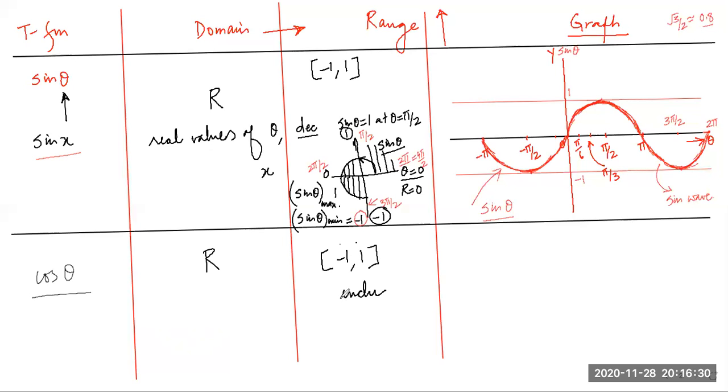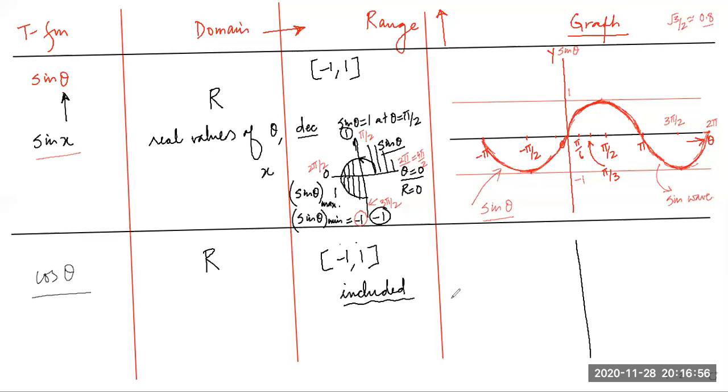These values are included. Well, if they were not included, I would have put these brackets. I don't know what do we call this parenthesis, curve brackets or whatever it is. They're included.